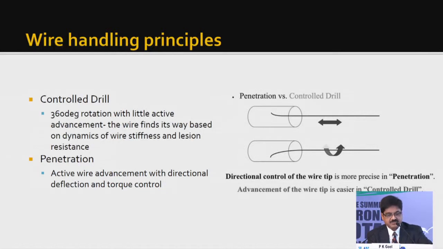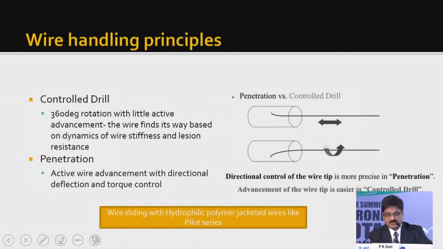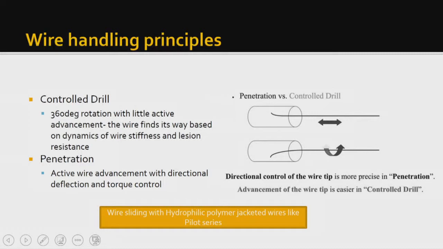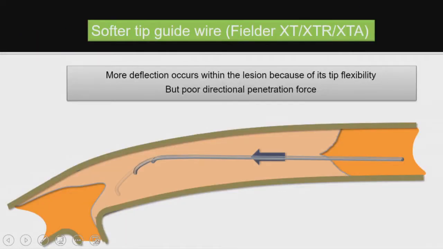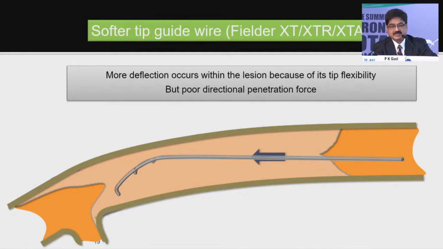And penetration, where you have active wire advancement with directional deflection and torque control, where you use the Gaia wire and you get in. And sliding is another thing for a hydrophilic wire like a Pilot, which goes through thrombotic lesions of MIs well.